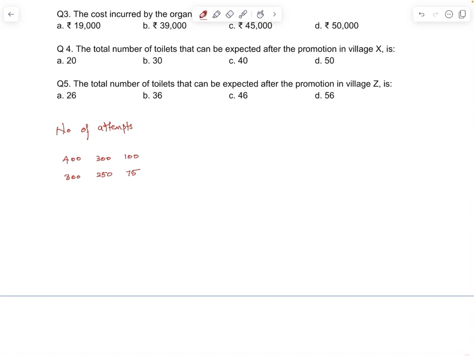This is for Y. 500, 400, and 150. This is for village Z. This has to be multiplied with the per attempt cost, which is 50, 20, and 40.